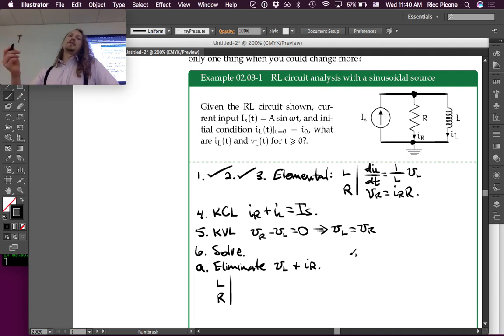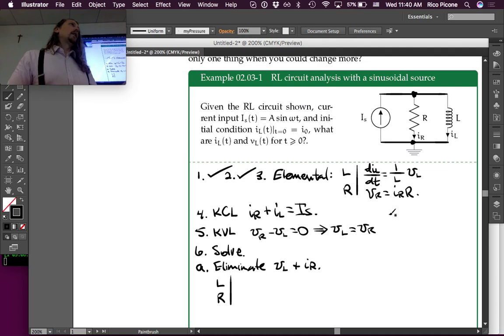But if you would have chosen to eliminate IL, which is one of the derivative ones, technically you can do it because when you substitute in for IL, you would get a differential equation and another variable, which is fine. But say you wanted to do it for IR, you would have to plug in this relationship here to find IL in terms of IR and IS.